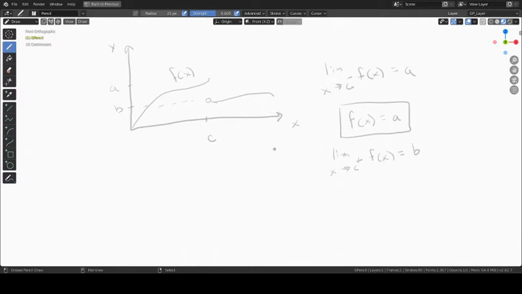Now, suppose we have a continuous function. Well, for discontinuous functions, we can take limits coming from either side, but we cannot have a defined limit at that point. So if we say the limit as x is approaching c of f of x, we can just say that that's undefined, or it does not exist.